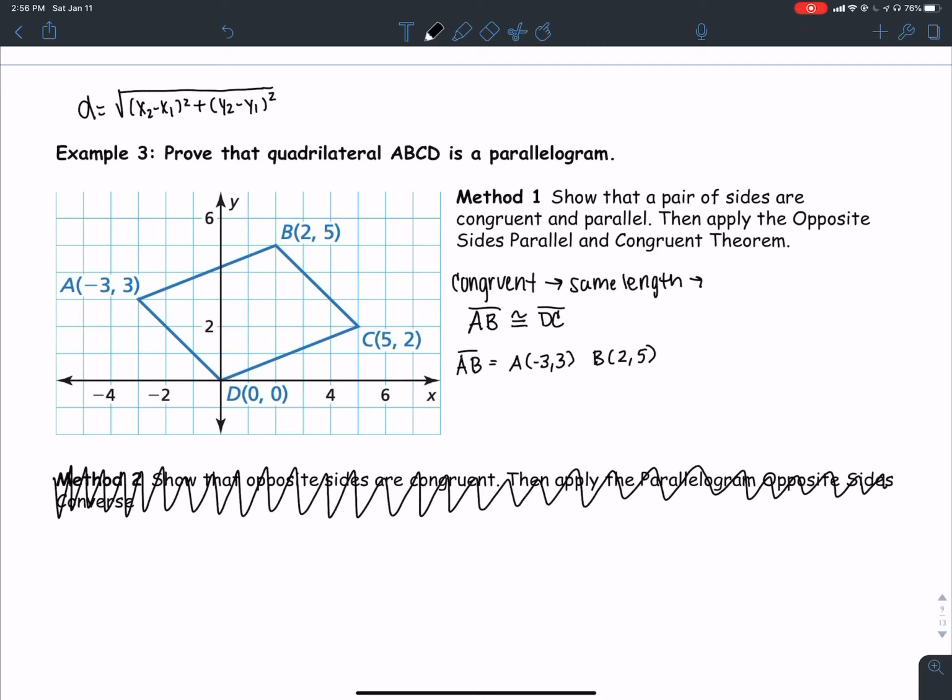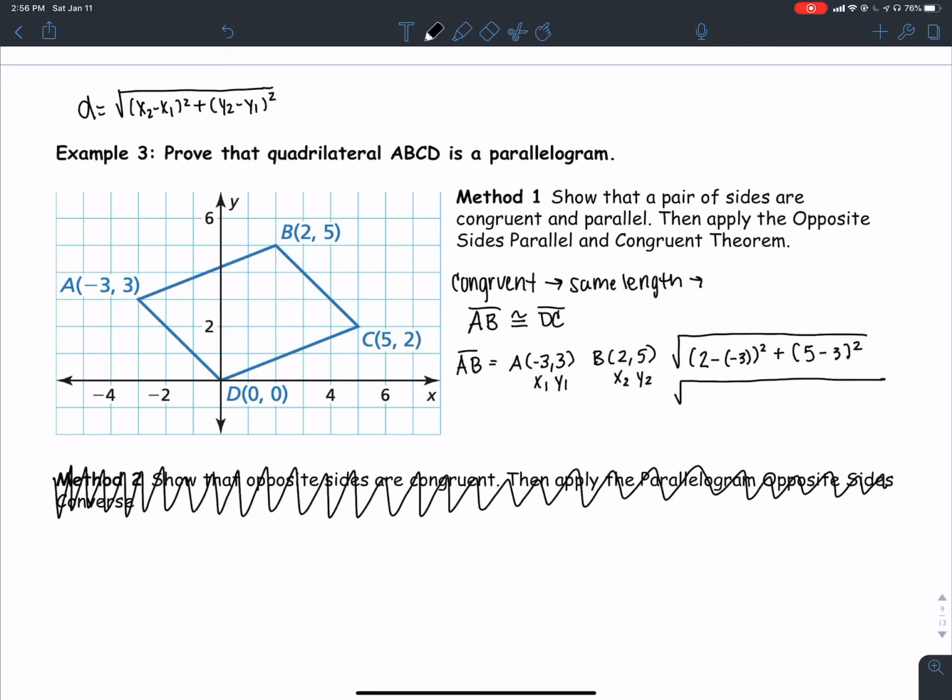So x1, y1, x2, y2. So square root of x2 minus x1 squared plus y2 minus y1 squared. I always put double parentheses around where I have extra negatives just so I know that those are there, okay?